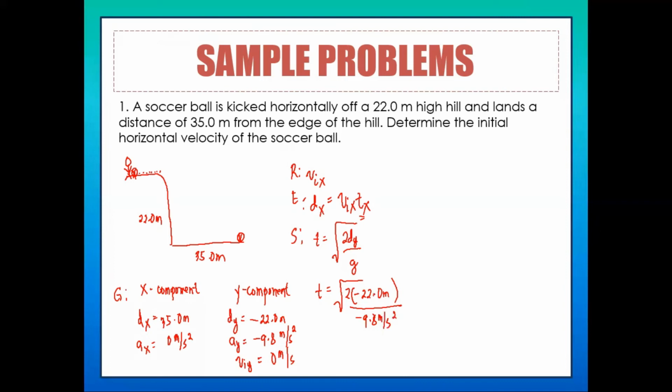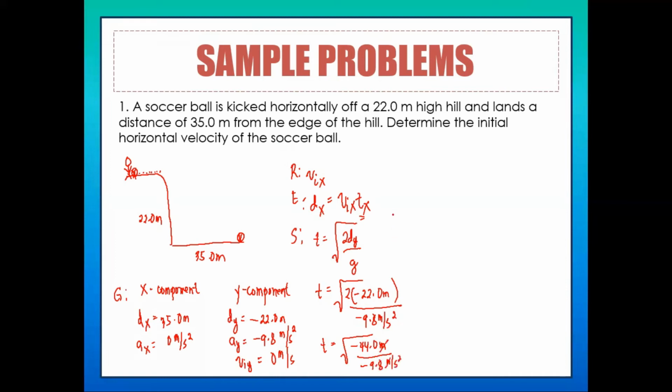Okay? So, when we multiply this one, it gives us a value of t is equal to square root of negative 44.0 meters. Okay? Divide by negative 9.8 meter per second squared.